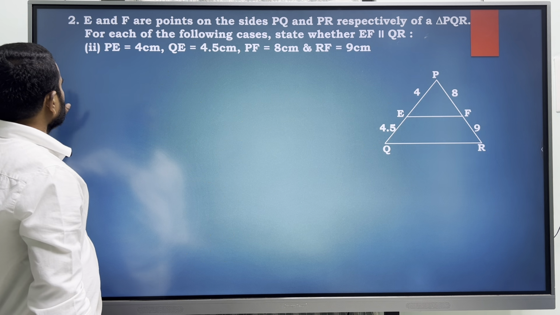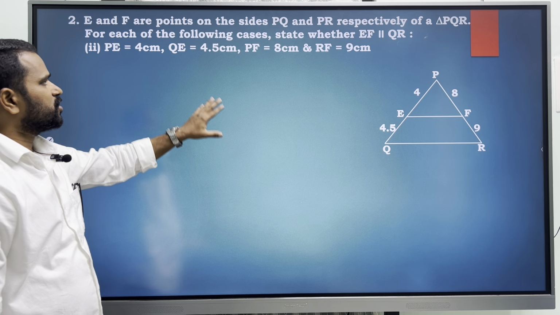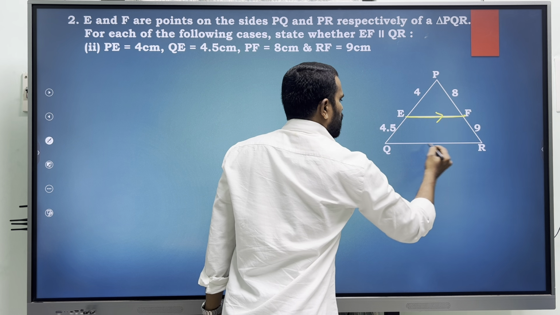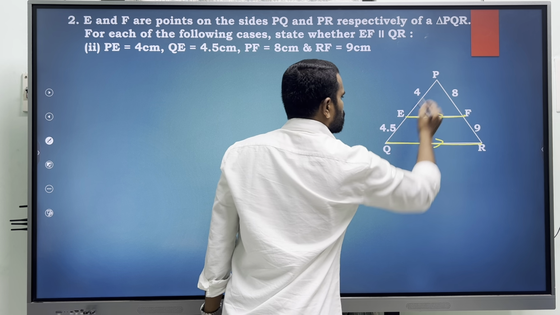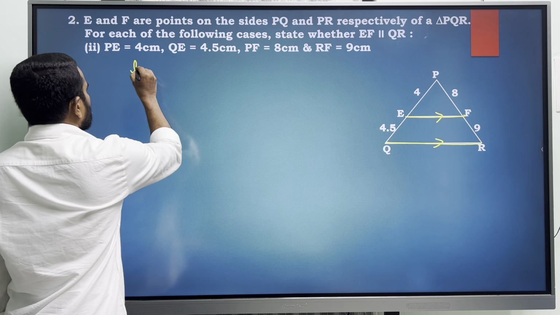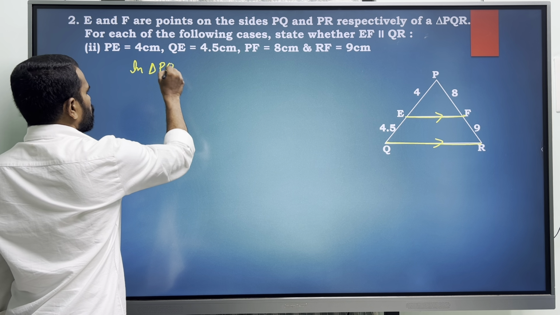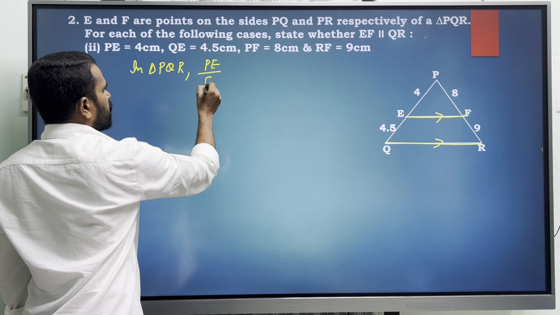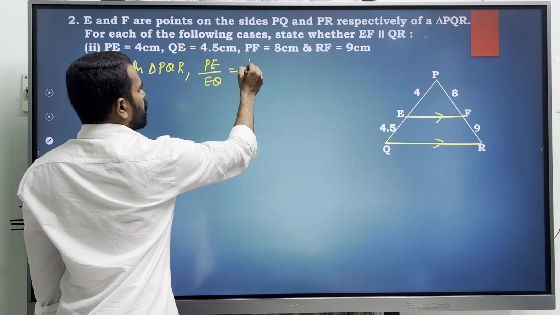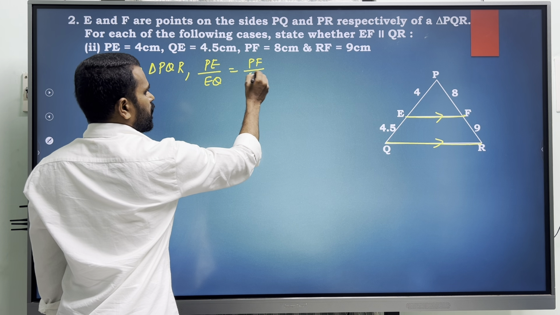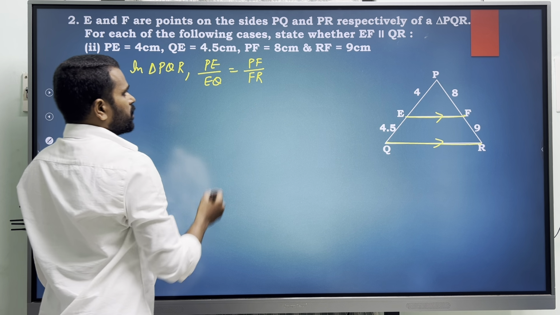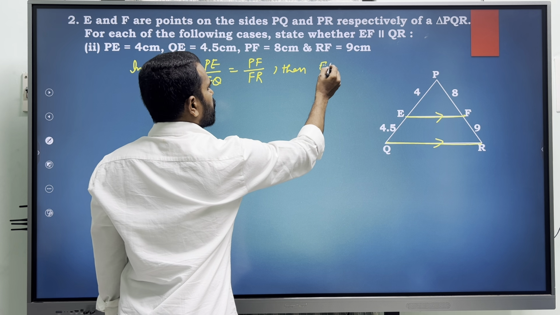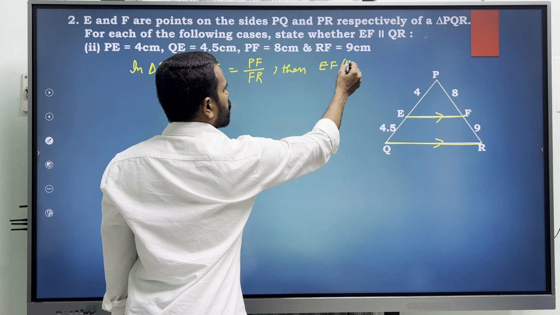Next, the values have changed. Same question. We have to check whether EF is parallel to QR in this triangle PQR. In triangle PQR, only if PE by EQ is equal to PF by FR, then EF is parallel to QR.